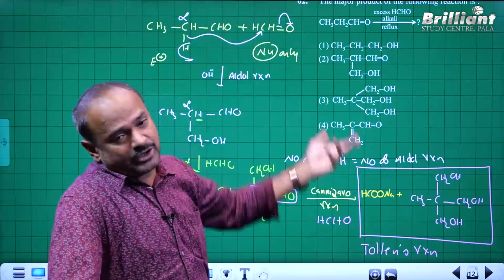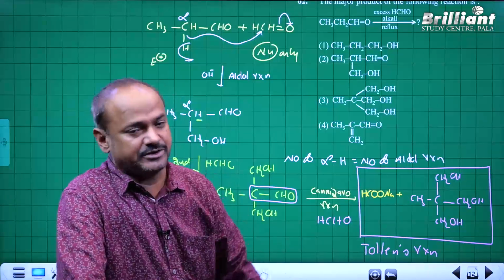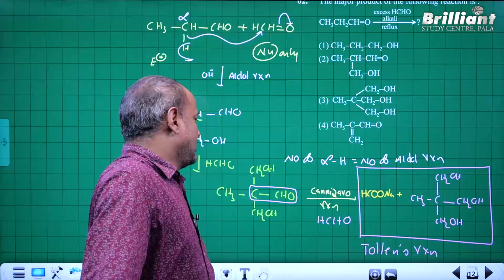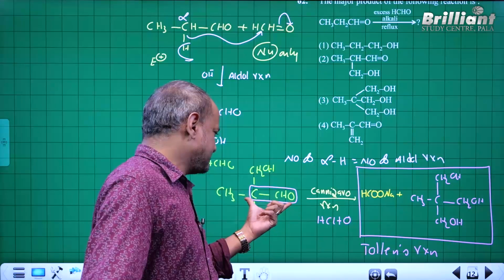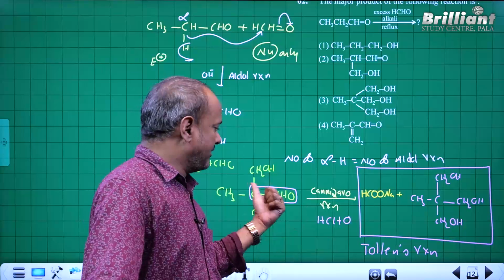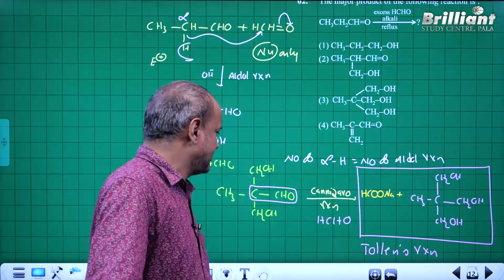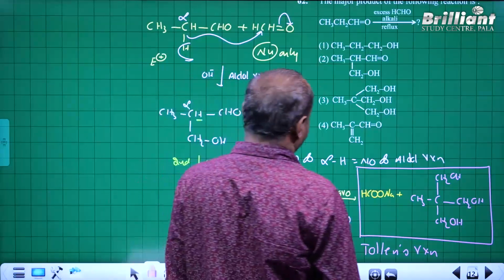This previous question, a question was given: CH3CHO, 3 alpha H, 3 steps of aldol reaction, last step Cannizzaro reaction. See, last step Cannizzaro reaction, this aldehyde is without alpha H. But out of these two, formaldehyde most reactive, that will undergo oxidation, this will undergo reduction.